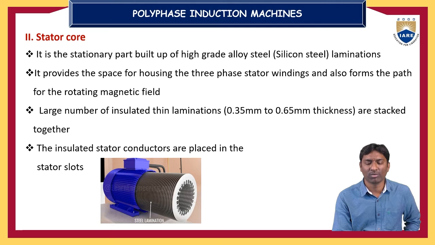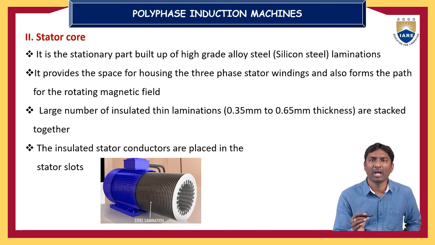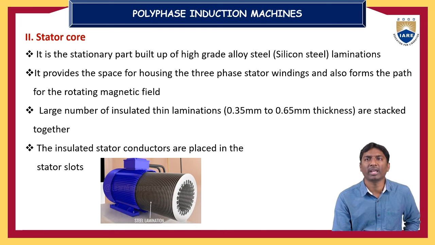Here the stator core is built up of high grade alloy steel, that is silicon steel laminations. It provides the space for housing the three-phase stator windings, and also forms the path for the rotating magnetic field. A large number of thin insulated laminations are used. Why am I using thin laminations here?